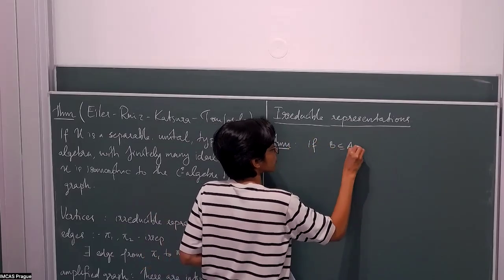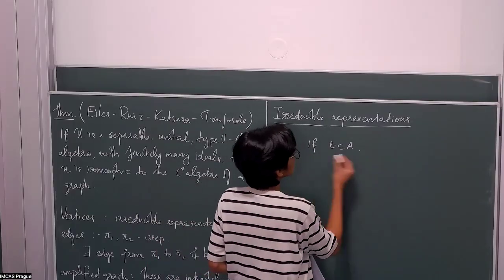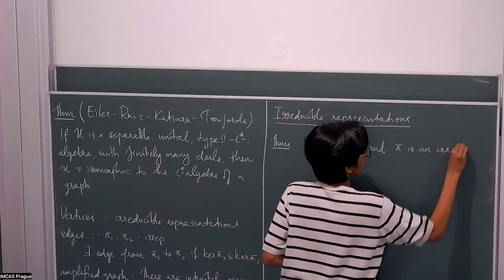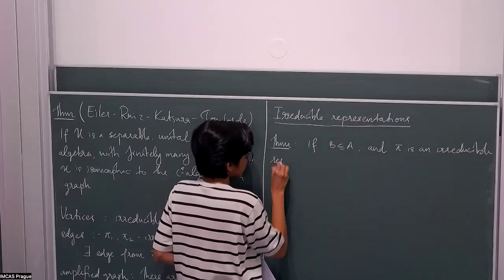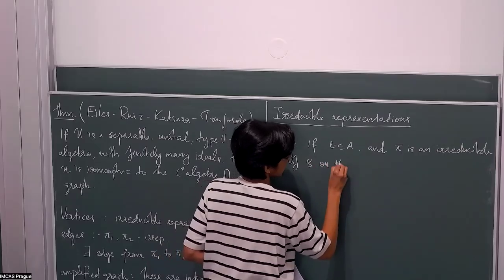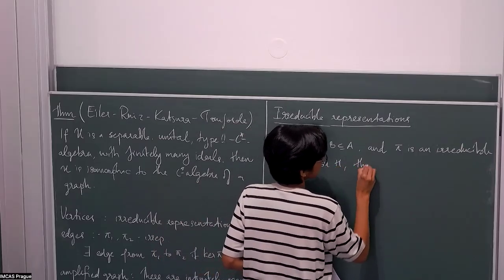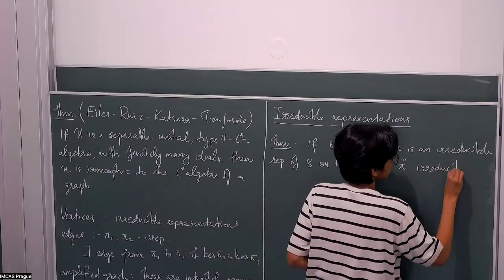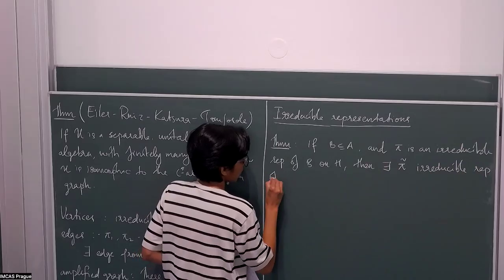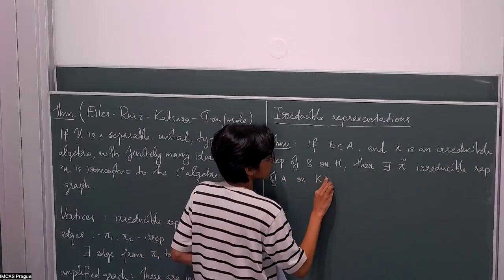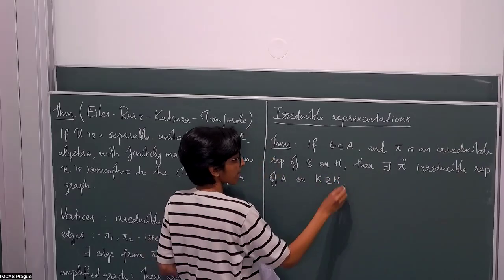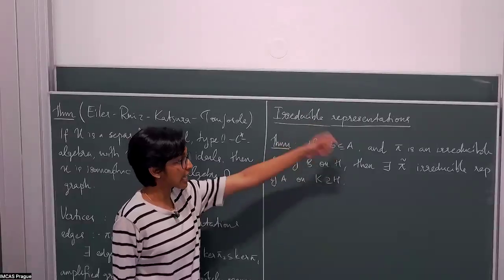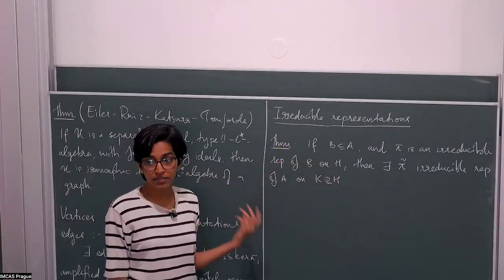If B is a C-star subalgebra of a C-star algebra A, unital, and pi is an irreducible representation of B on a Hilbert space H, then there exists pi tilde, again an irreducible representation of A on K, which contains H. So this says that whenever we have an irreducible representation of the subalgebra, we can extend it to an irreducible representation of the bigger algebra. So this gives us an idea where to look.